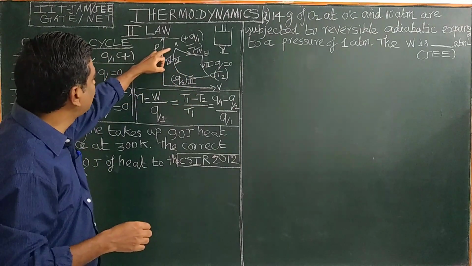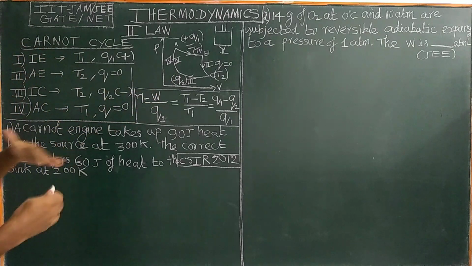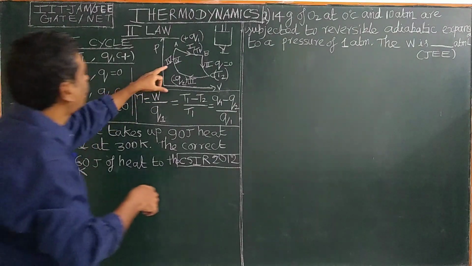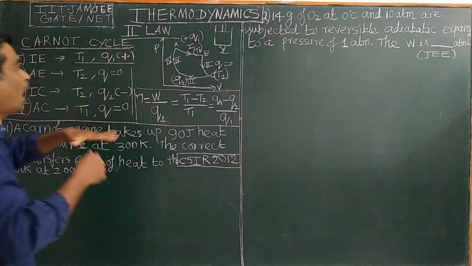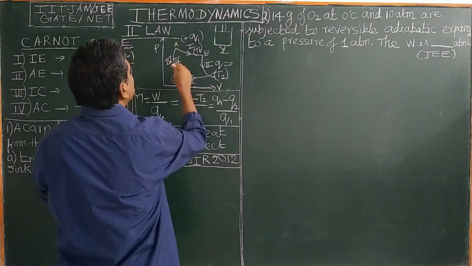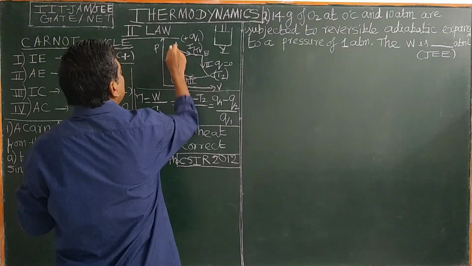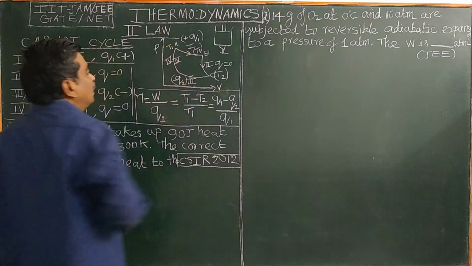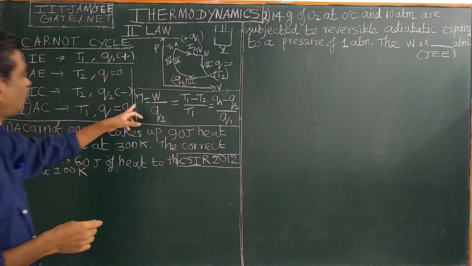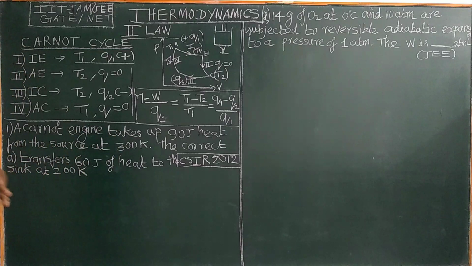In the case of adiabatic compression, again the work is done on the system, and the temperature increases from T2 to T1. Now, using this, we can calculate the efficiency of the heat engine.